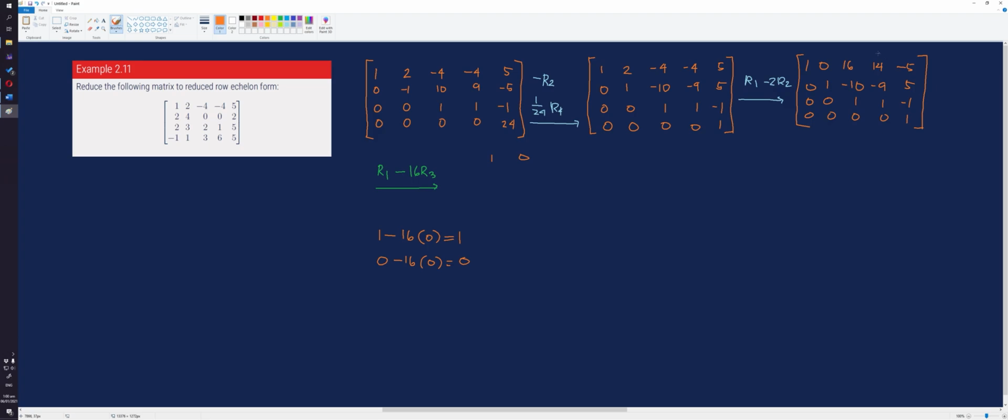Next, we have 16, the third element of row 1, minus 16 times the third element of row 3, which is 1. So this is equal to 0. And for the fourth element, we have 14 minus 16 times the fourth element of row 3, which is 1. So this is equal to negative 2. Finally, we have the fifth element of row 1, which is negative 5 minus 16 times negative 1, which is the fifth element of row 3. Perform the operation, and this is equal to 11.